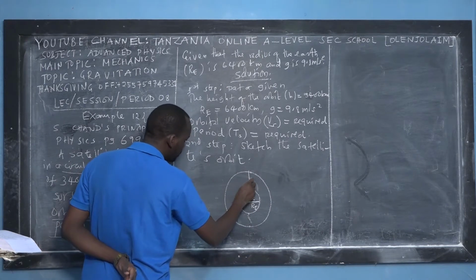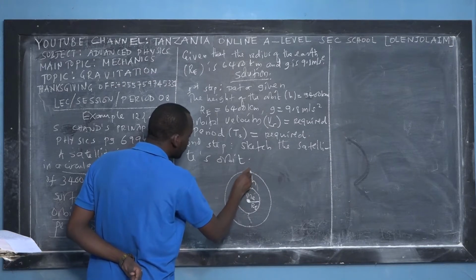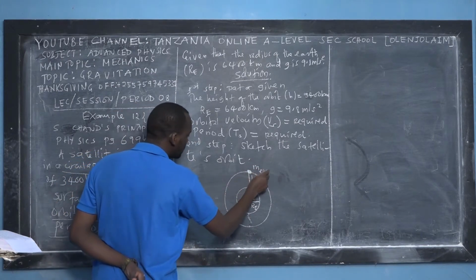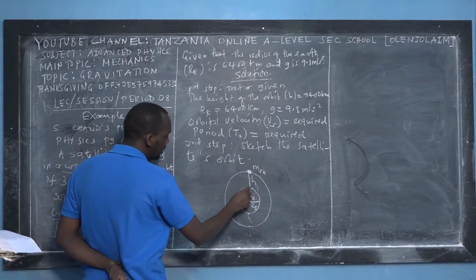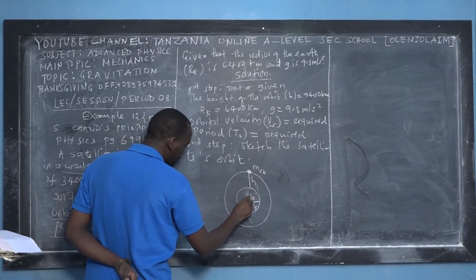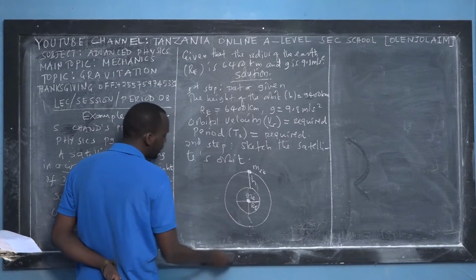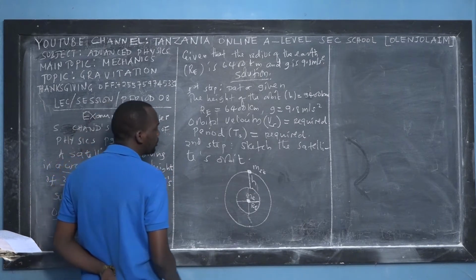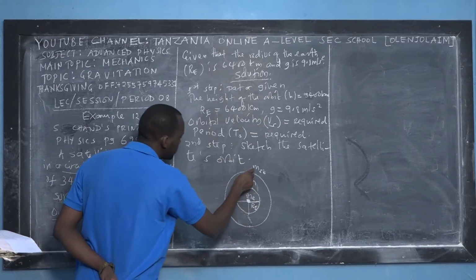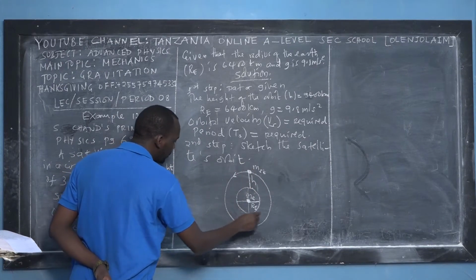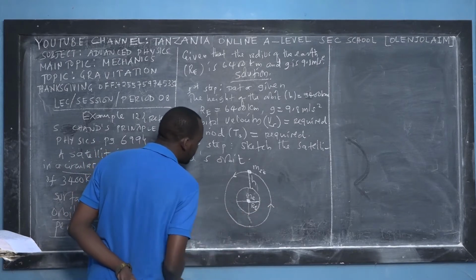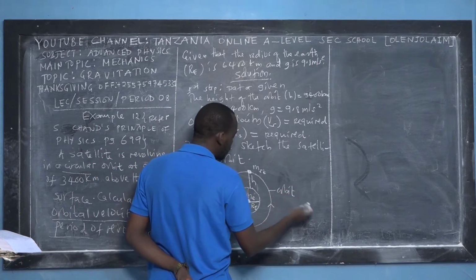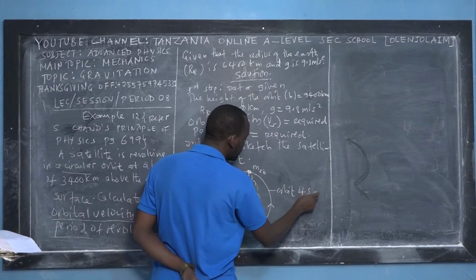At this point you have the mass of the satellite, M_s, and this is still the radius of the Earth. So this is the height. What is required is the orbital velocity V_s of the satellite. What will be the orbital velocity for the satellite to revolve in this circular orbit? This we call the orbit of the satellite.